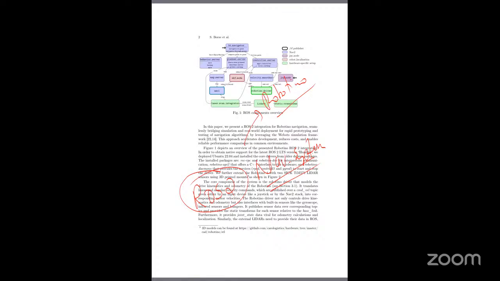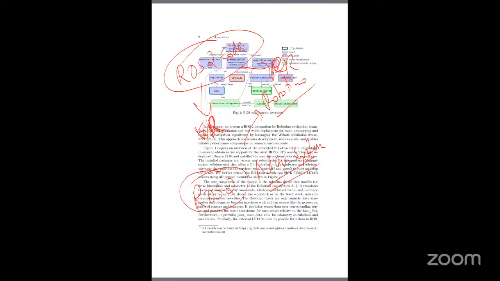Using this, we can run the Robotino using the same ROS2 code. We can run the simulated robot as well as the real robot. We can simulate a virtual robot and a real robot using the same ROS2 code.